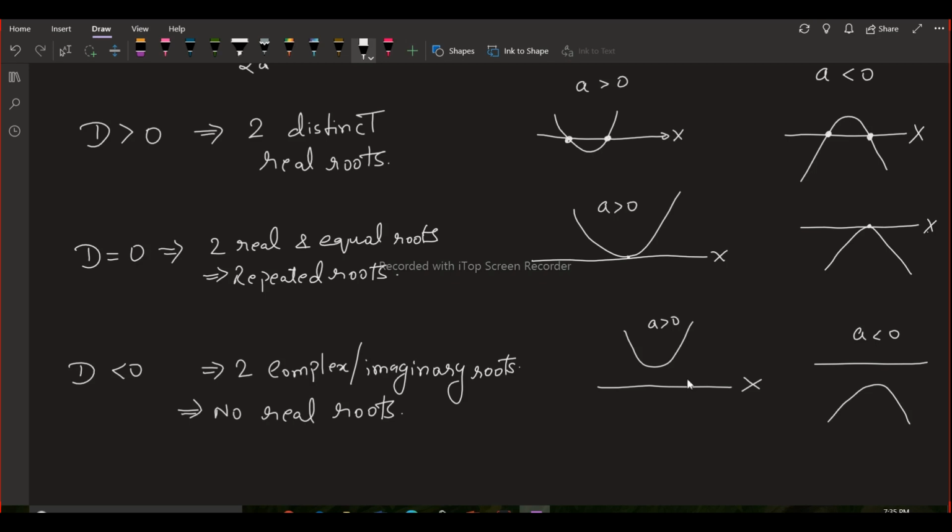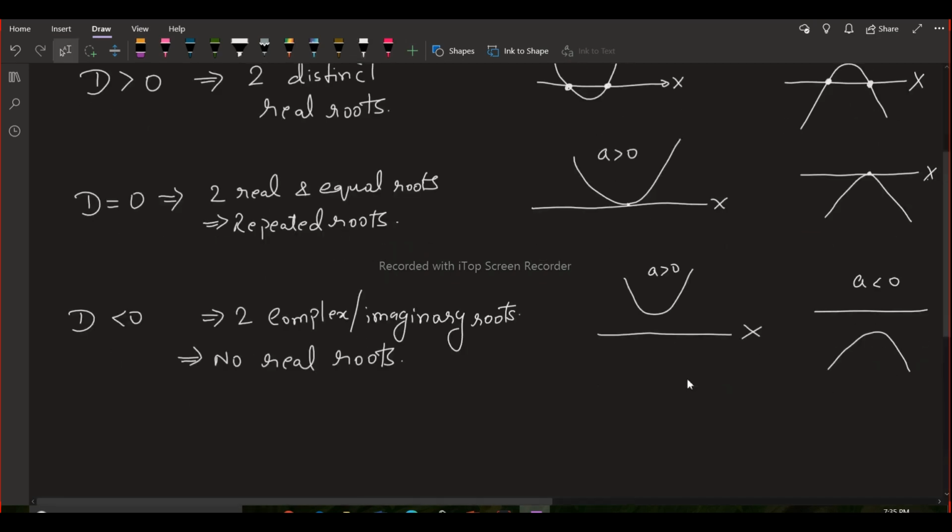So this is the concept of the discriminant, and let's just do some simple sums based on this.